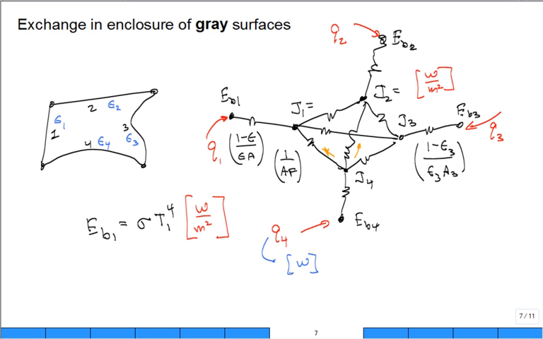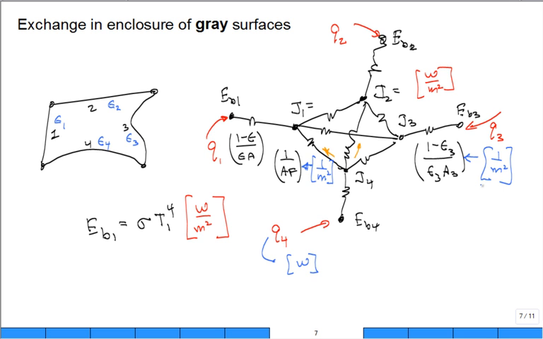What are the typical SI units for the geometrical resistances 1 over AF? 1 over meter squared. Very interesting. How about the SI units for the surface resistance 1 minus epsilon over epsilon A? 1 over meter squared, isn't it? Because what are the units of emissivity? Dimensionless.